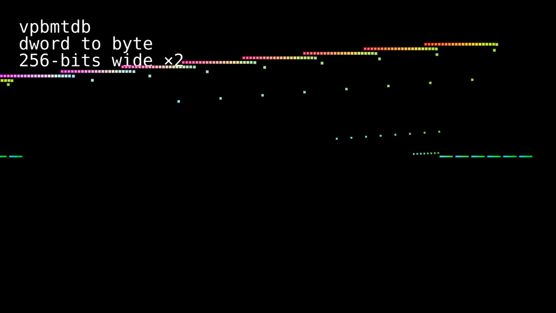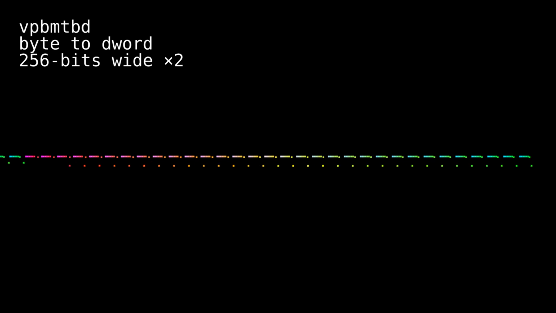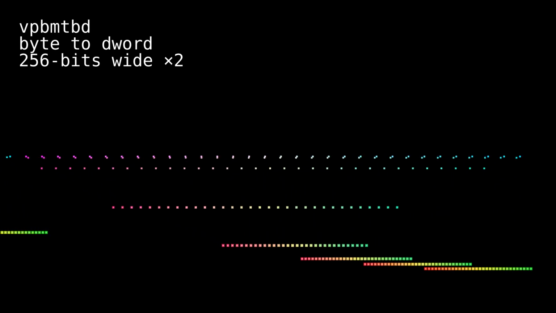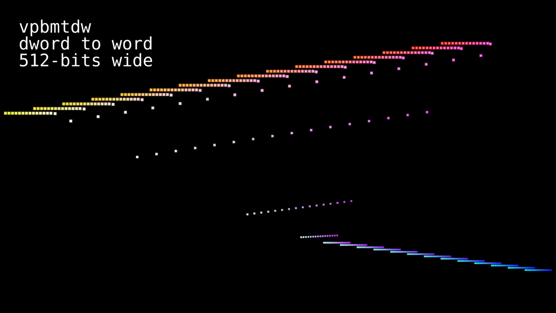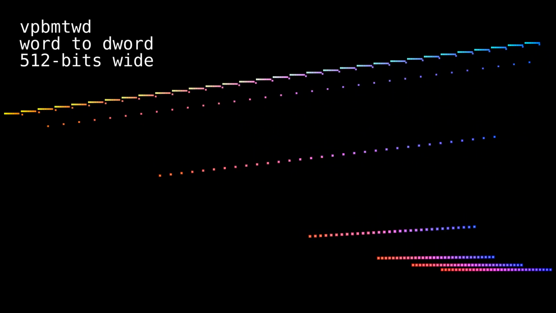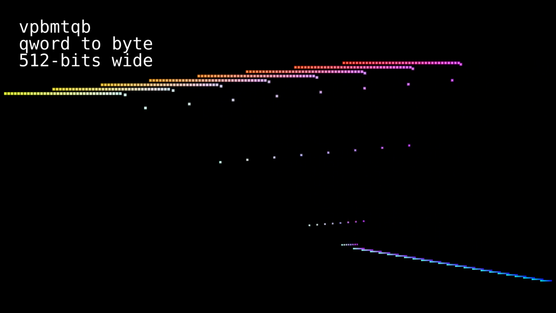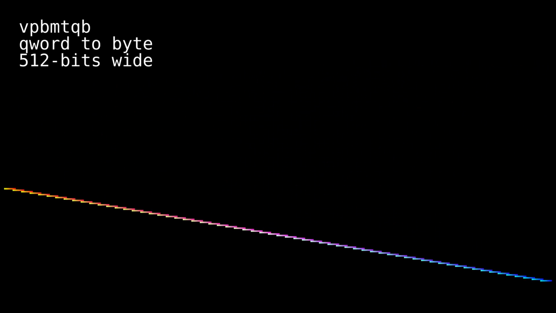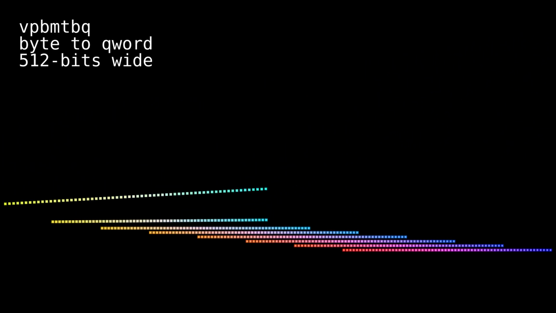dword to byte, and its inverse, byte to dword, all 256-bit BMTs. And finally, double word to word, and its inverse, word to double word, both 512-bit BMTs, and quad word to byte, and its inverse, byte to quad word, also 512-bit BMTs.